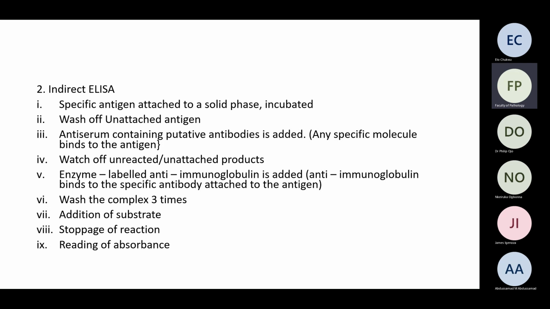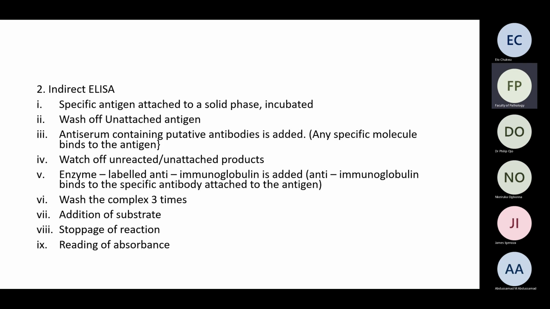And then you need to add the secondary antibody, which is called the anti-immunoglobulin. Now, this secondary antibody is labeled, conjugated to the enzyme.